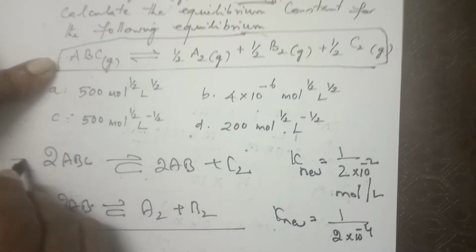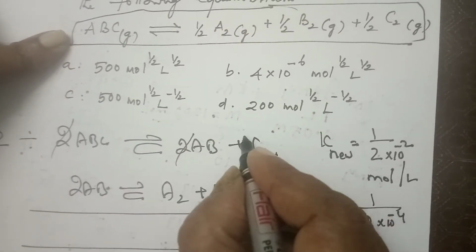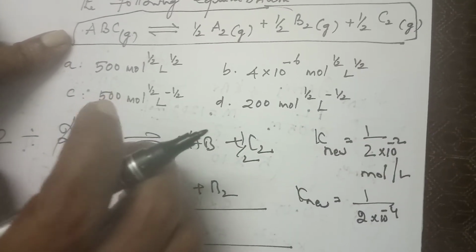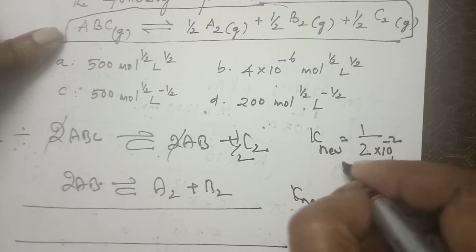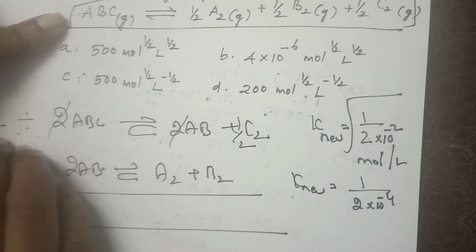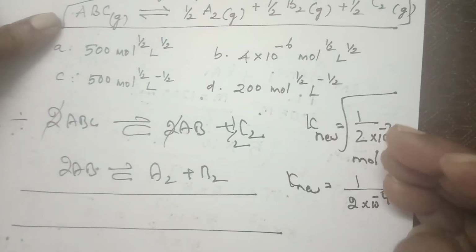So I am dividing this equation by 2, so that gets cancelled, and this is 1 by 2. So overall, since you are dividing by 2, you have to find the square root. This is the knowledge: first reversing means writing the reciprocal; here you are dividing, so you find the square root.